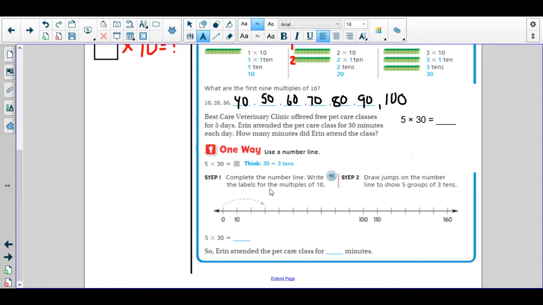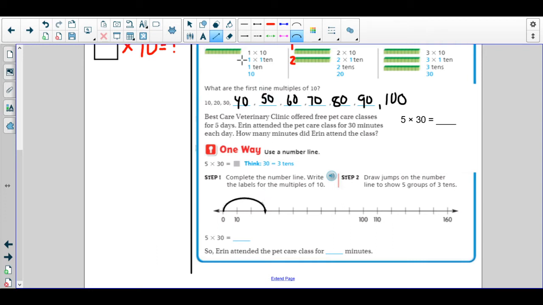All right. So what we're going to do is think to ourselves that 30 is equal to 3 tens, or 3 groups. So as we count out, let's see if I can get, yeah, right here. All right, so here is the first one.